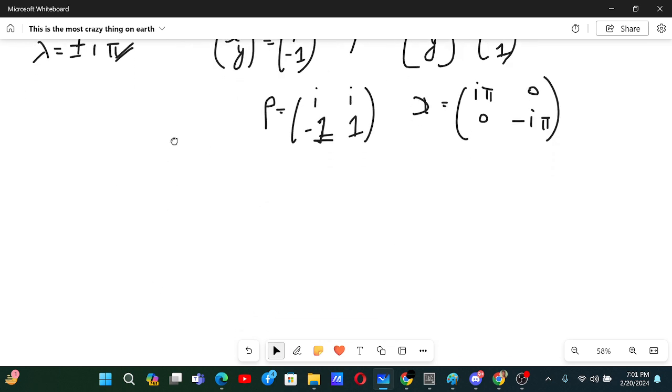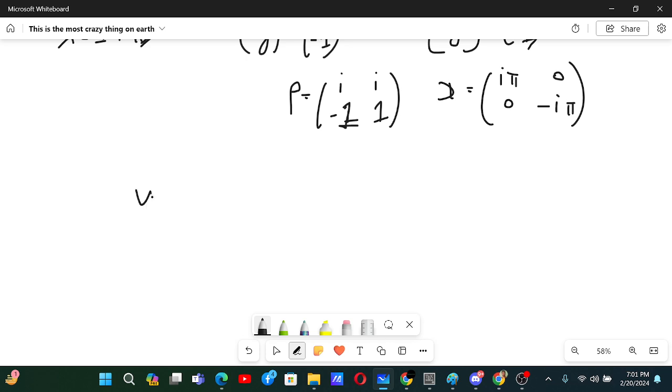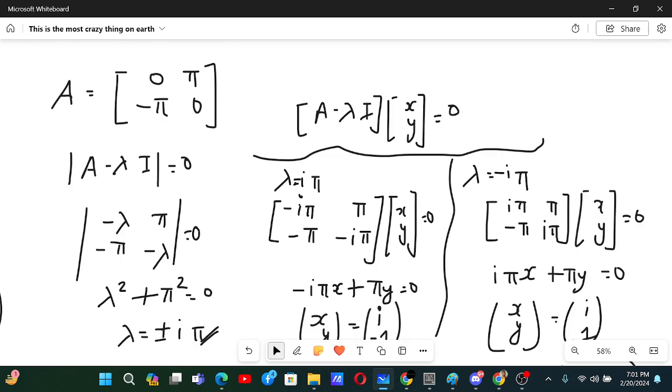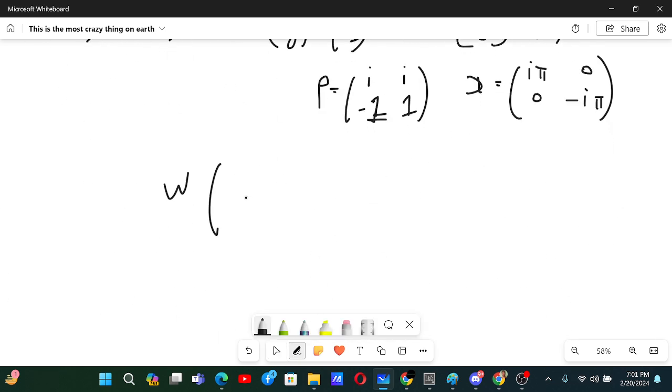So now we want to find out the Lambert W of 0, pi, minus pi, 0.